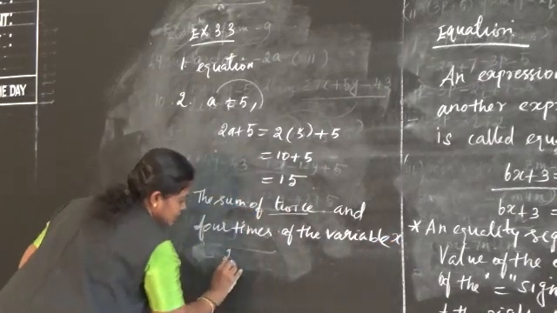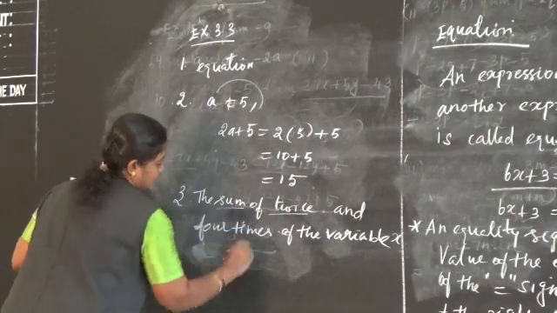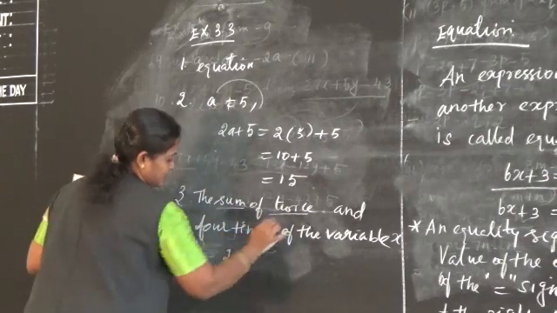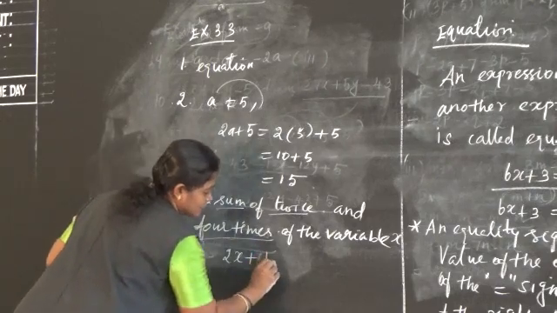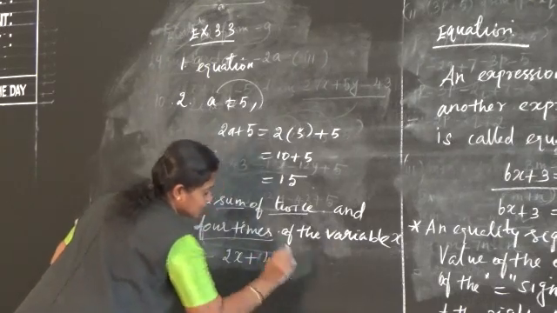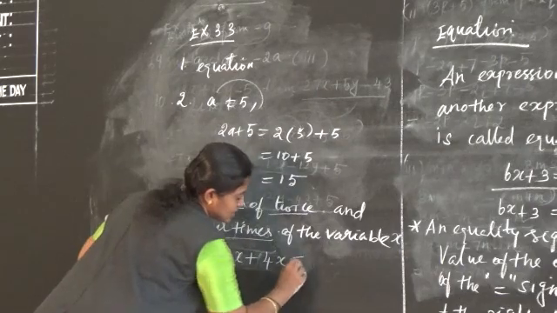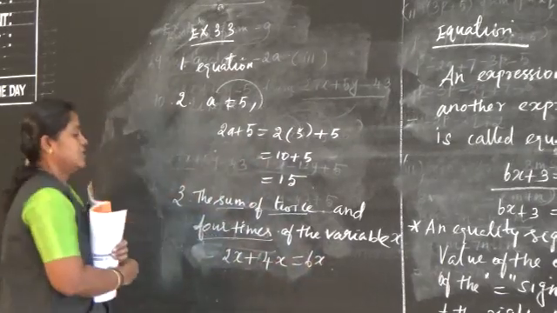Sum of twice means 2x, then sum means you should add, keep the plus sign, then 4 times of the variable x means 4x. If you are adding 2x plus 4x, answer is 6x.